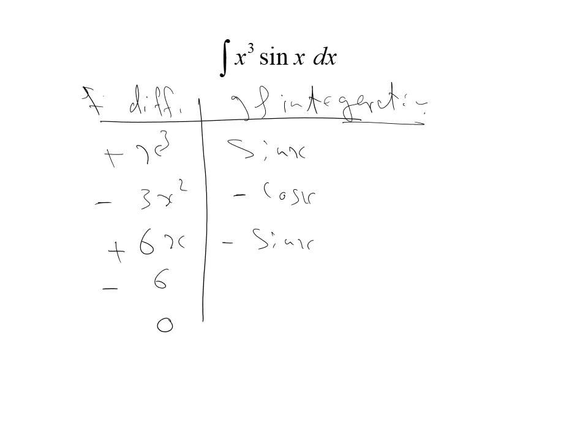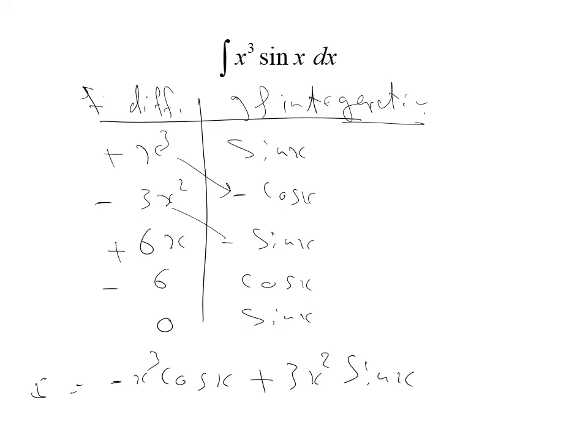Derivative will be cosine. Derivative will be sine. Our integration would be negative x cube cosine x plus 3 x square sin x plus 6x cosine x minus 6 sin x plus c.